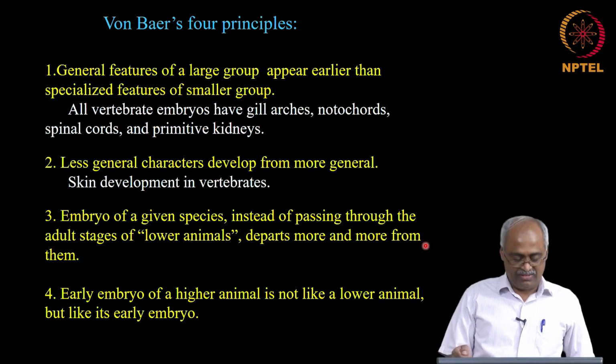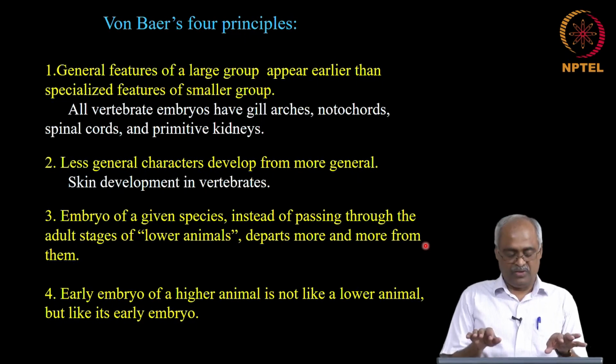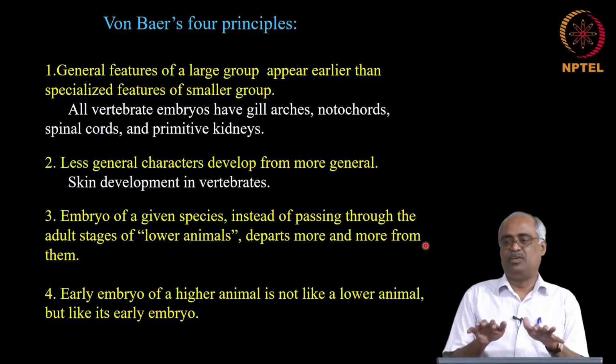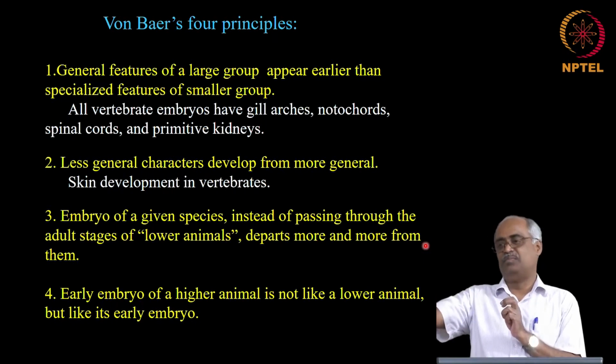And a derivative of that is the second point. Less general characters develop from more general ones, like from the very early feature which we are going to call a general feature encompassing a very large group of organisms, from them only specialized features come.